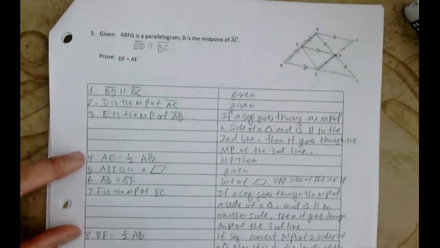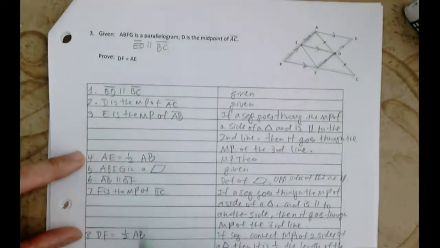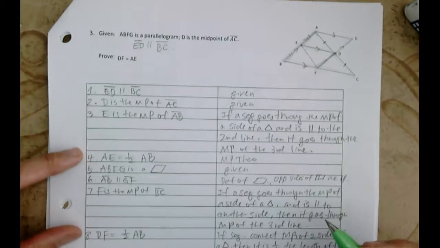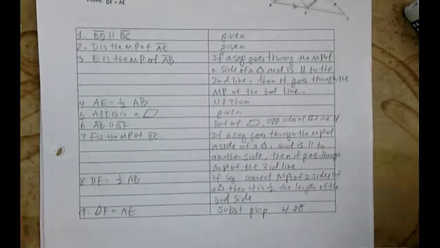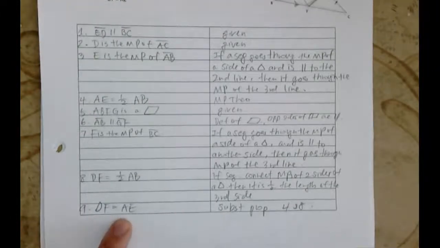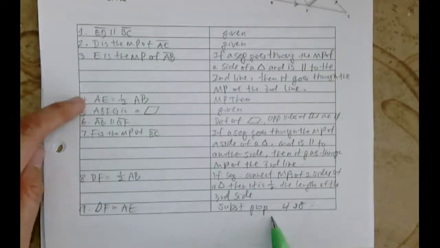So since these are the same, you can say that DF is AE by substitution property of steps 4 and 8. Oh, sorry, you couldn't see. All right. So DF equals AE by substitution property of 4 and 8.